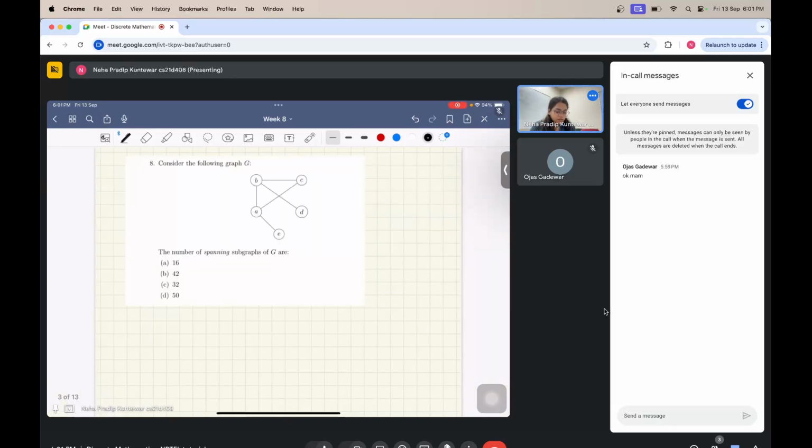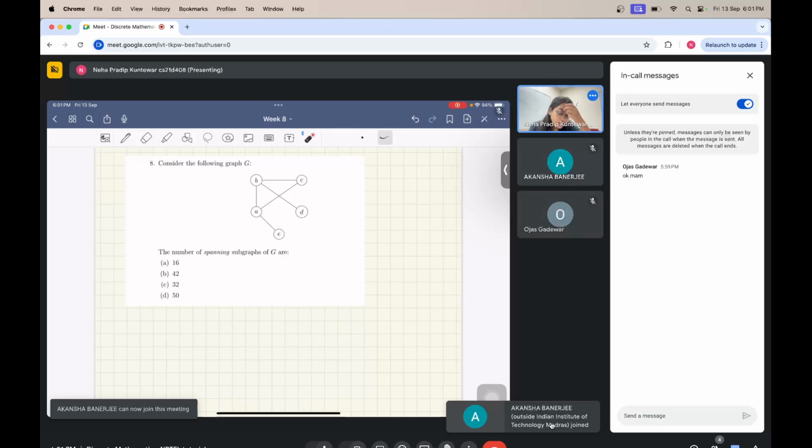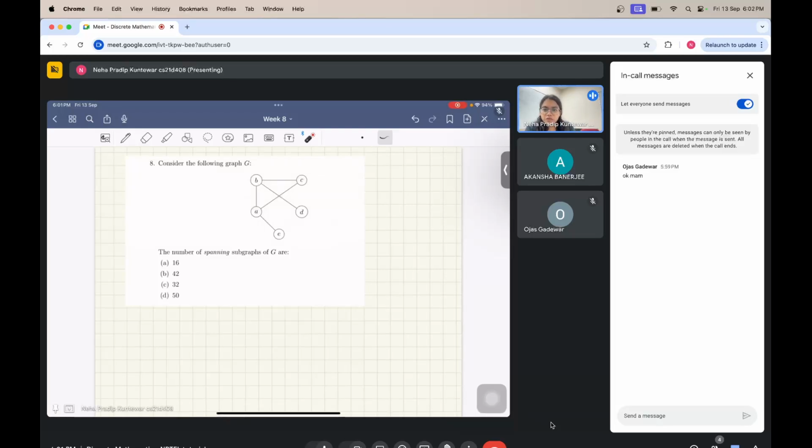Okay, so last time there was this question that we could not do because of lack of time. So we will start with that, and we'll finish it off, and then we'll move on to the questions for this week. You are given this graph which has 5 vertices, and you want to find the total number of spanning subgraphs.